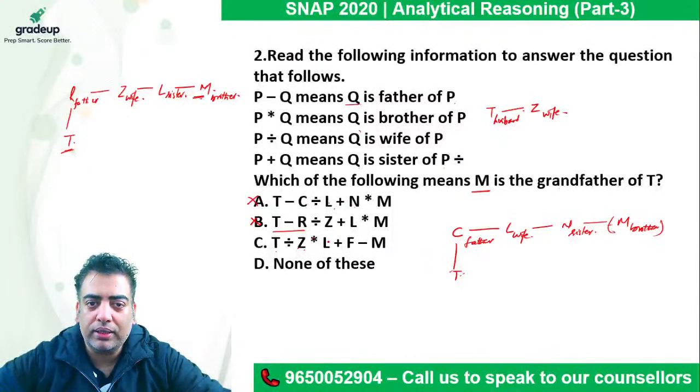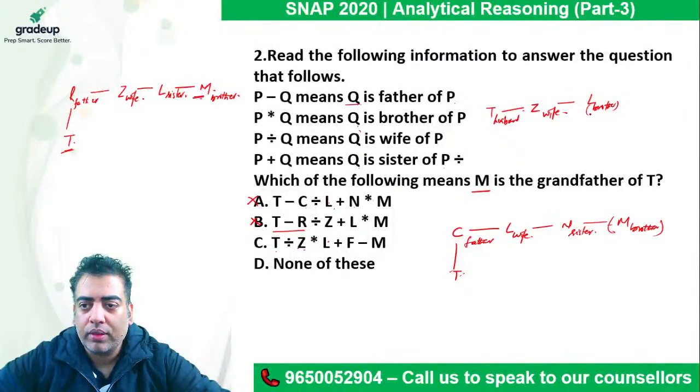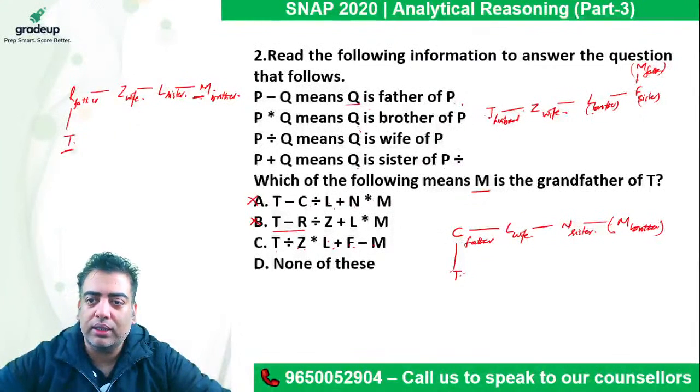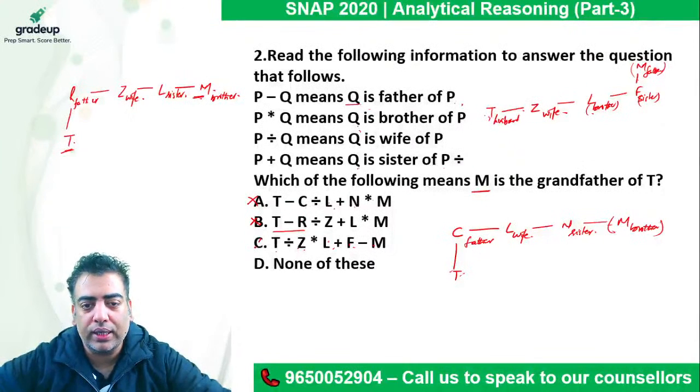Z into L means L is the brother of Z. L plus F means F is the sister of L. And F minus M means M is the father of F. Again, we can see that T is the son-in-law of M and not that M is the grandfather of T, hence C is also ruled out. So the correct answer option comes out to be D.